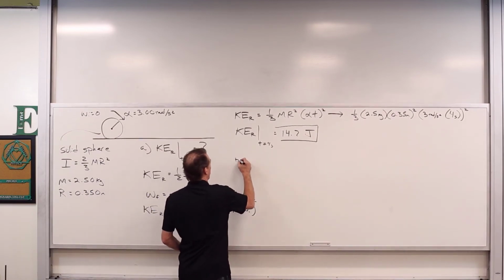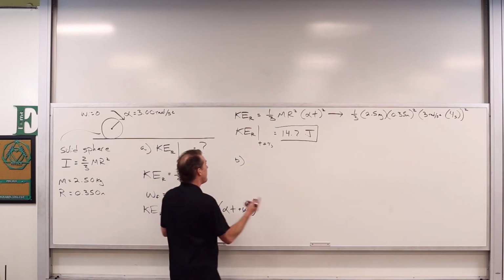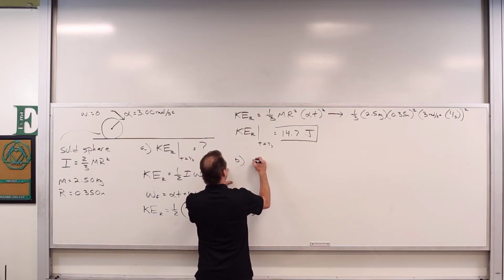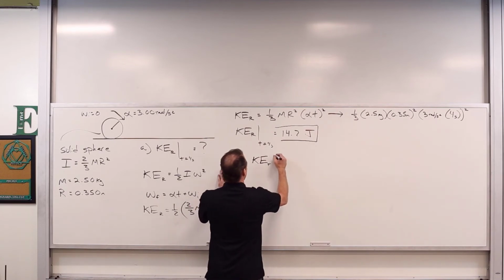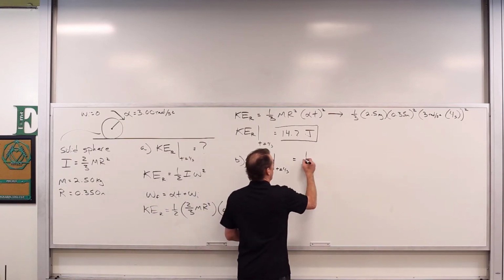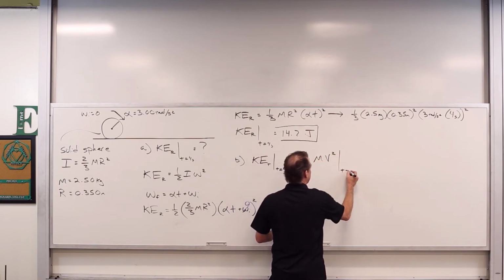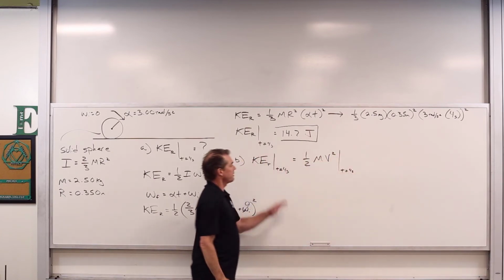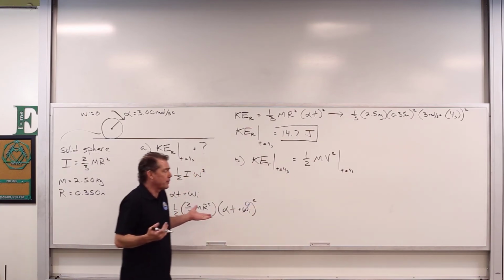All right, so what about the translational kinetic energy? What is the kinetic energy of this object at t equals 4 seconds, translationalized? Well, that is just going to be equal to 1/2 mv squared, evaluated at t equals 4 seconds. So we need to know how fast this object is moving forward at t equals 4 seconds.